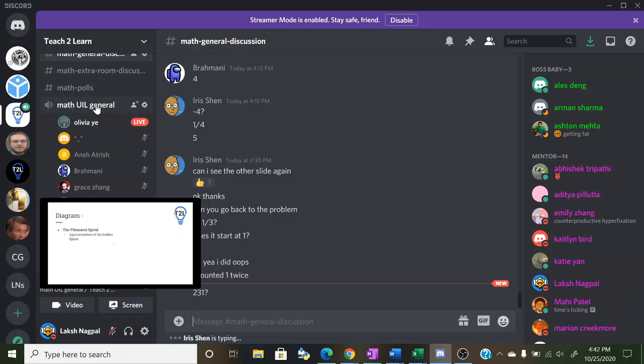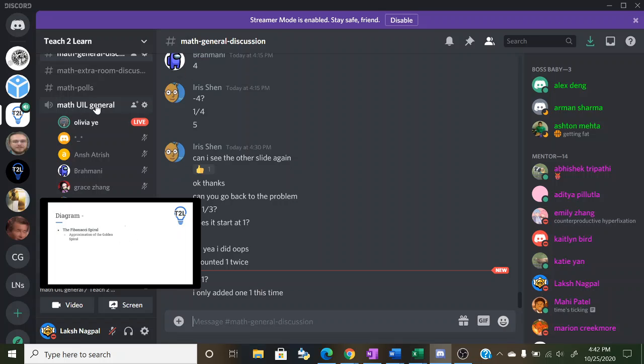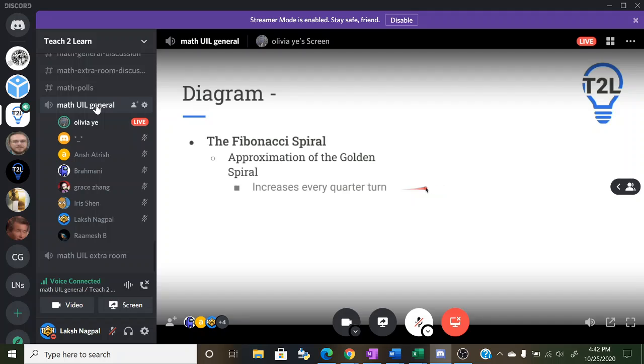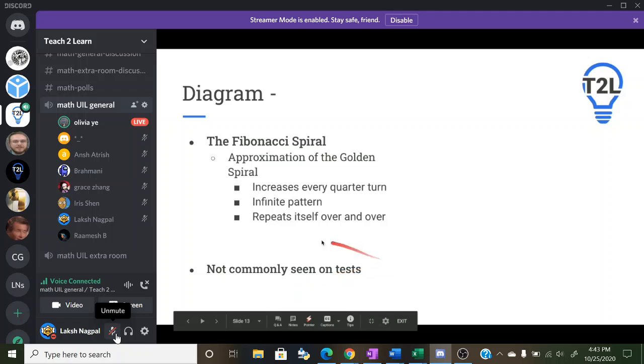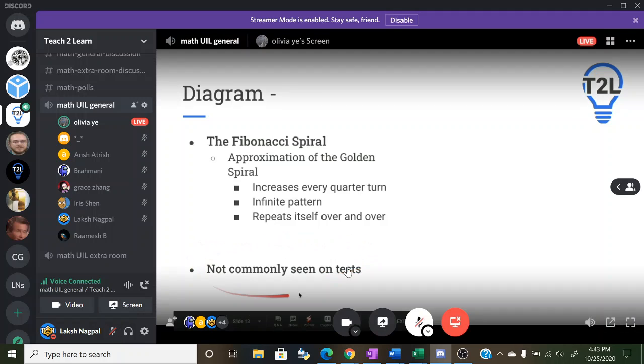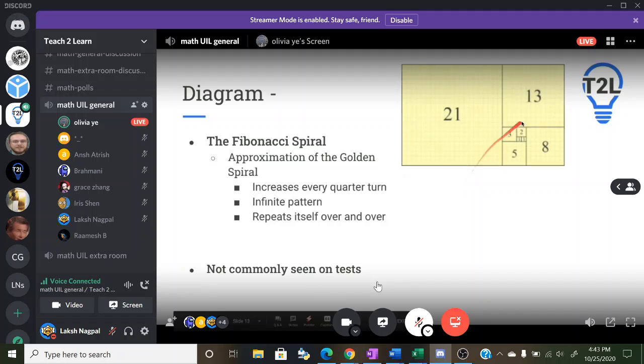And I know Ramesh mentioned earlier that the Fibonacci sequence occurs in nature, and this is kind of an example of it. This isn't quite nature, but it's seen in natural phenomena. It increases at every quarter turn, and it's an infinite pattern that goes on and repeats over and over. I just wanted to mention that this isn't going to be on any of your math UIL tests, but it's something interesting to look at.